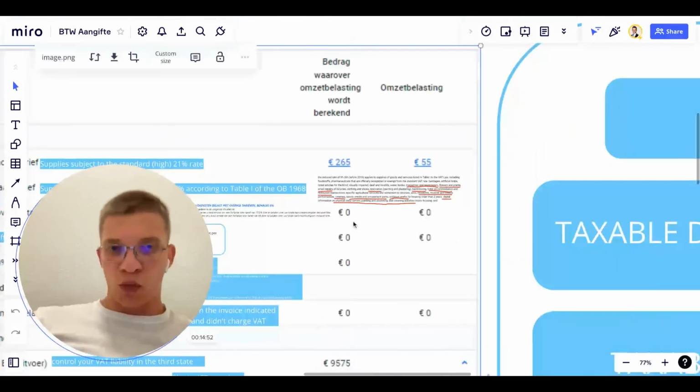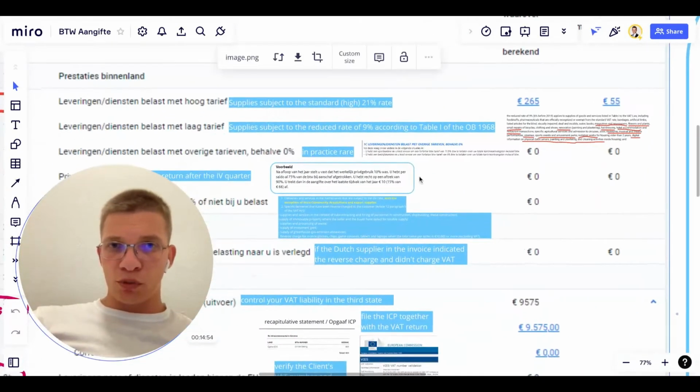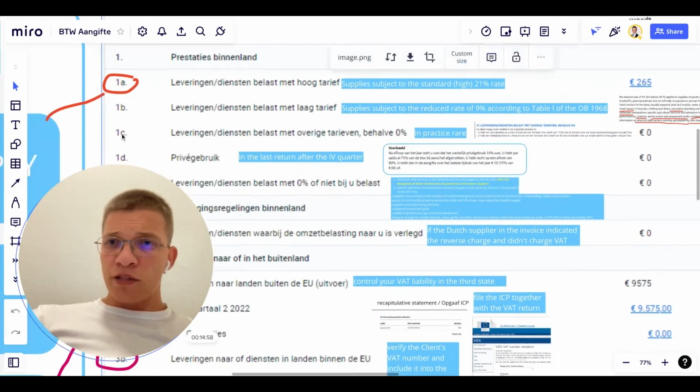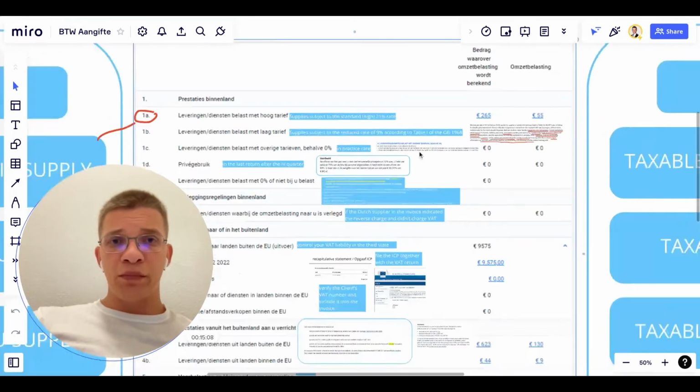So you should check yourself whether you're subject to the lower or the standard rate. Item 1C presupposes that there is also a zero rate, but in practice it is very rare.